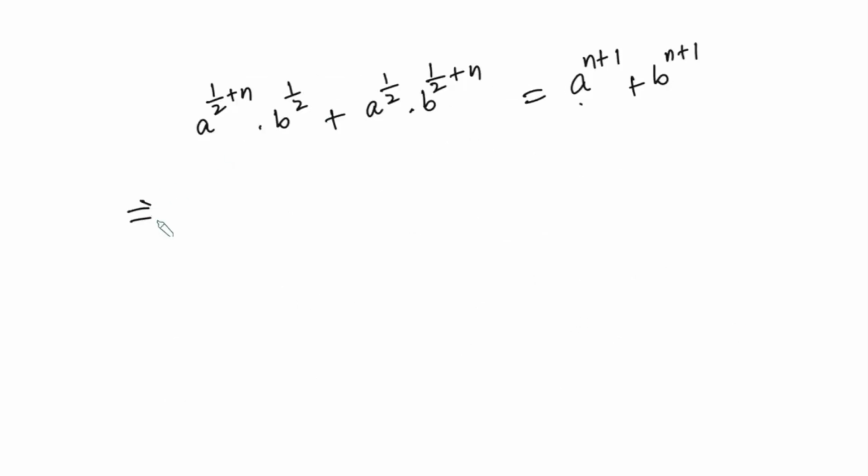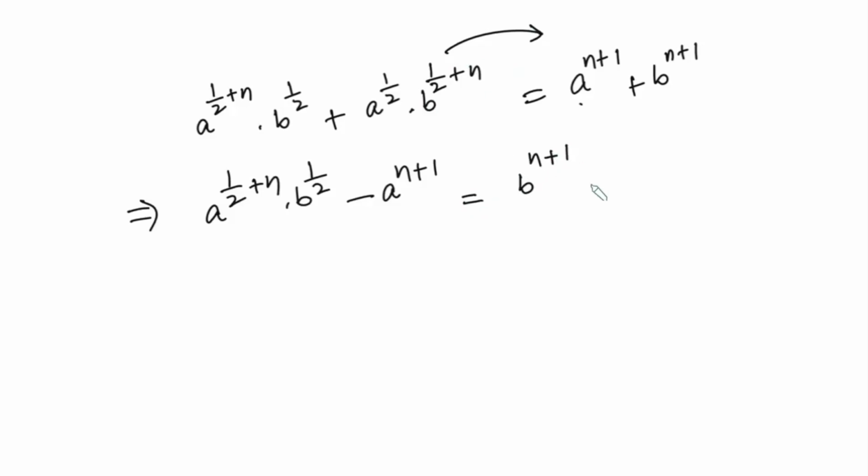Rearranging the terms here, we get a^(1/2 + n) times b^(1/2) minus a^(n+1) is equal to, if we take this term on the other side, b^(n+1) minus a^(1/2) times b^(1/2 + n).